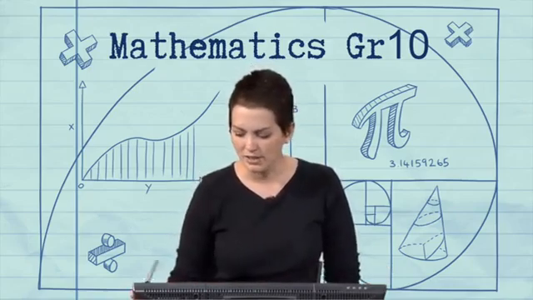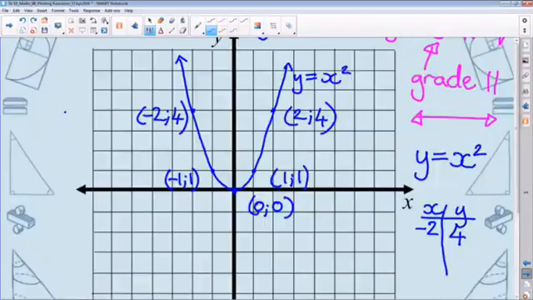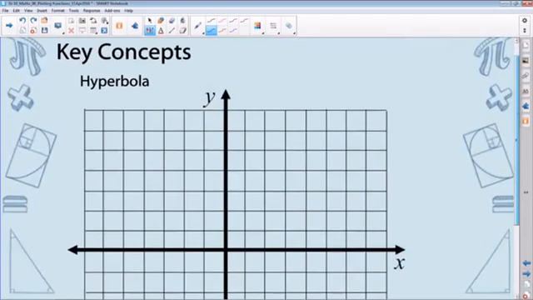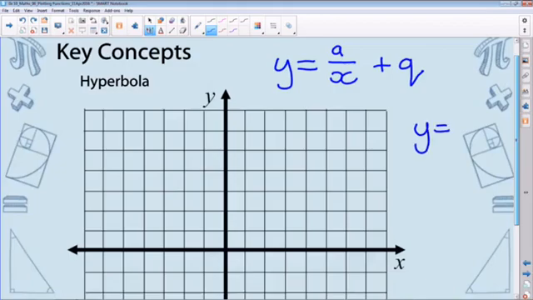Let's go now to see the hyperbola. And the hyperbola has a formula of y is equal to a over x plus q. And once again, it does change a bit when you get to grade 11, but we're not going to go over that now. We're just going to plot the parent function, which will be y is equal to 1 over x.